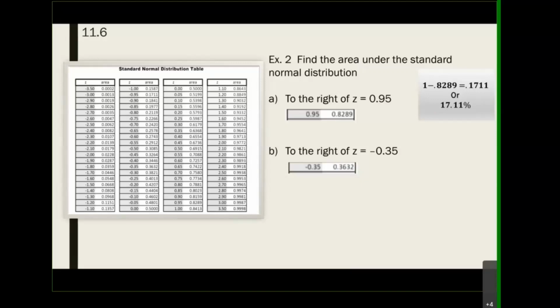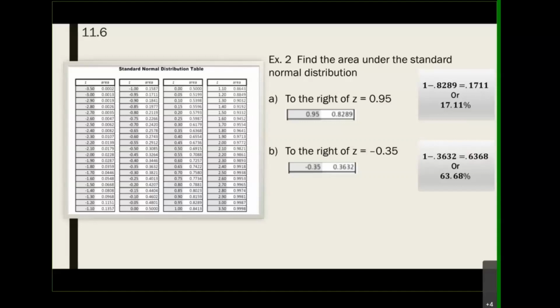Is that our answer? No, right? Why? Because the table that they give us is the area to the left. And again, to find the area to the right, we have to take 1 minus the area to the left, which gives us the remainder, 0.6368, which is 63.68%. Okay.